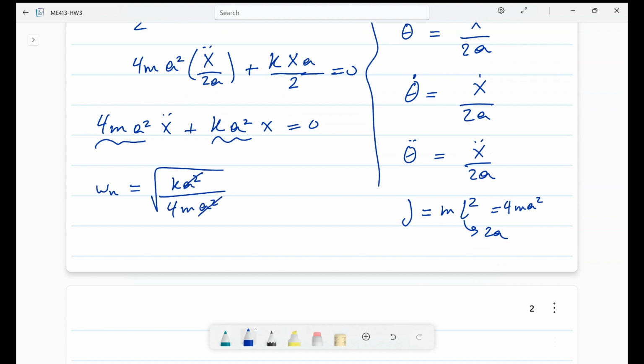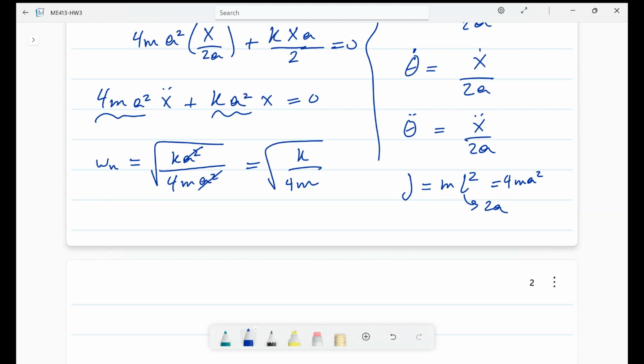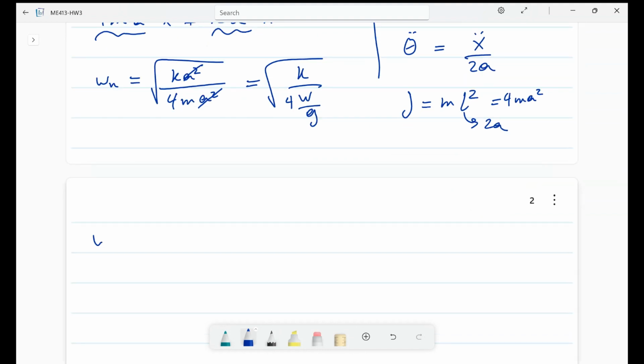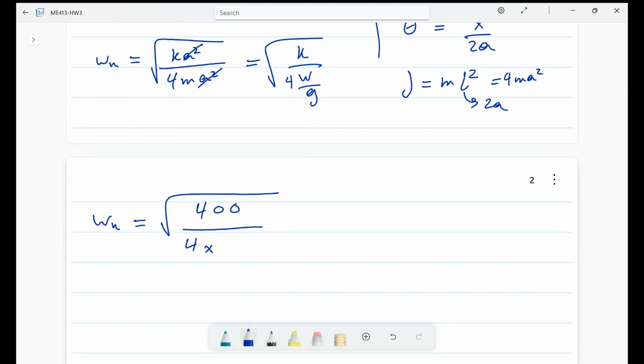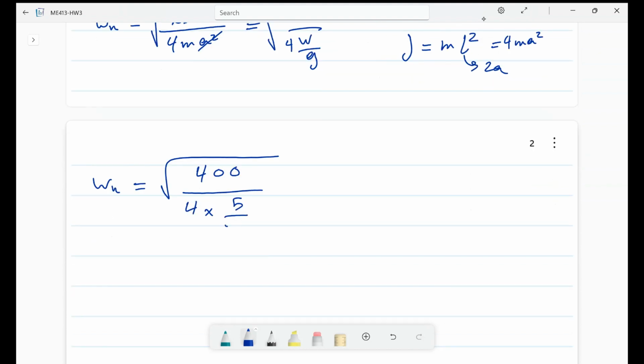We cancel a square and we are left with k over 4m, where m is weight over g, and this will equal 400 over 4 multiplied by 5 over 9.81, and this will equal 14 radian per second. Thank you guys and good luck.